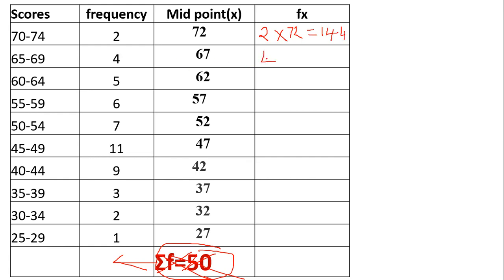Then 4 times 67, then 5 times 62, then 6 times 57, up to the end.